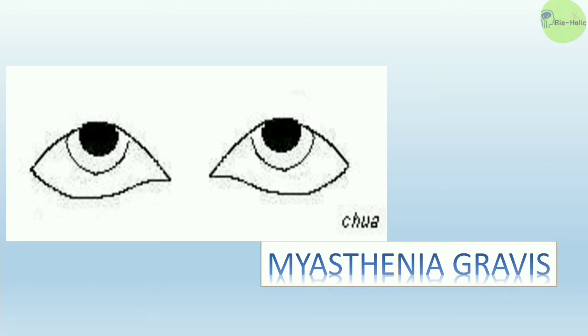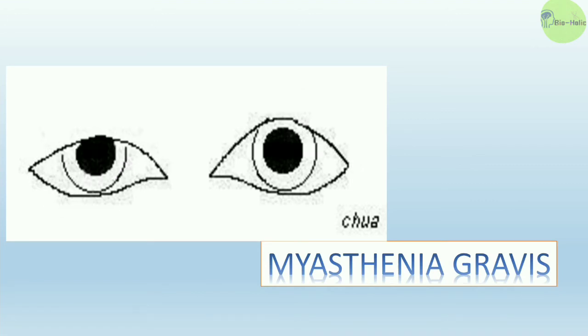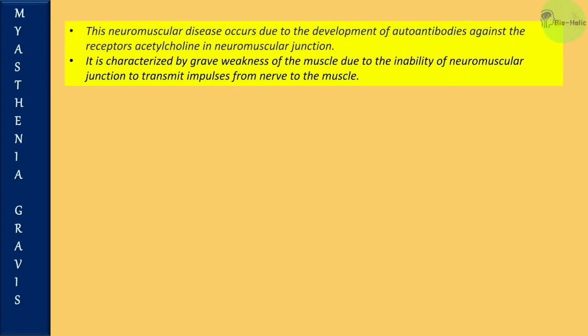And lastly, myasthenia gravis. Myasthenia gravis is a type of neuromuscular disease that occurs due to the development of autoantibodies against the acetylcholine receptors in the neuromuscular junction.